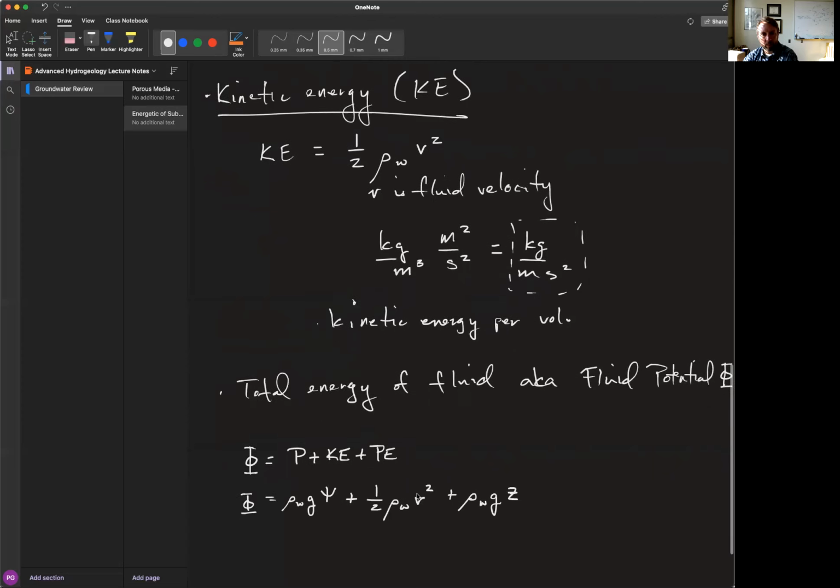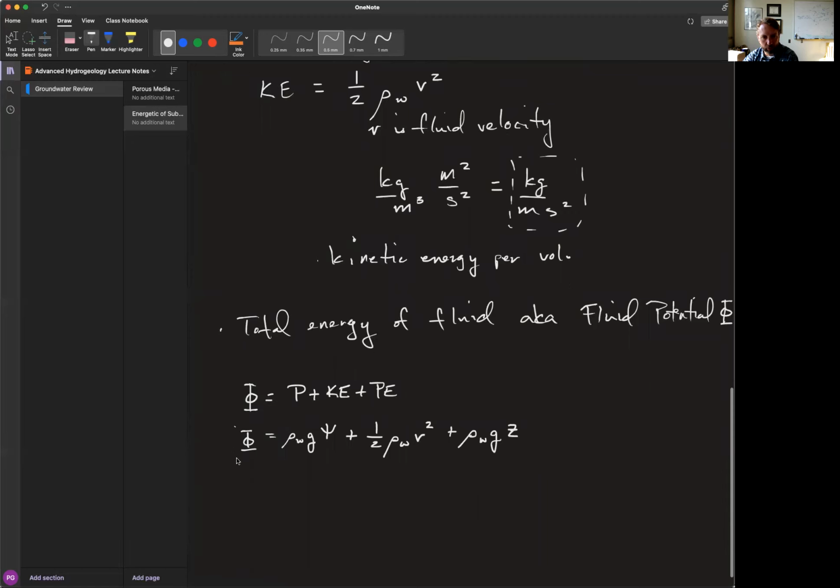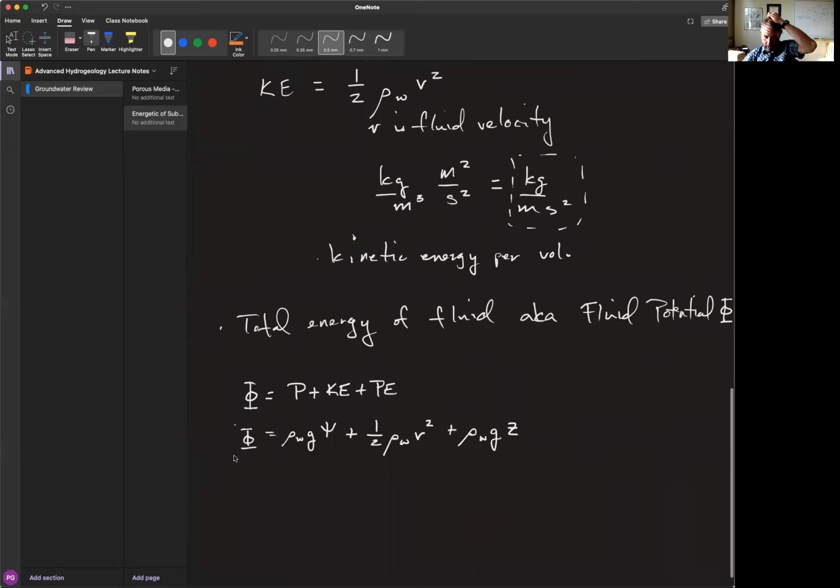All right, this is an important equation. It is the total fluid potential at any point.